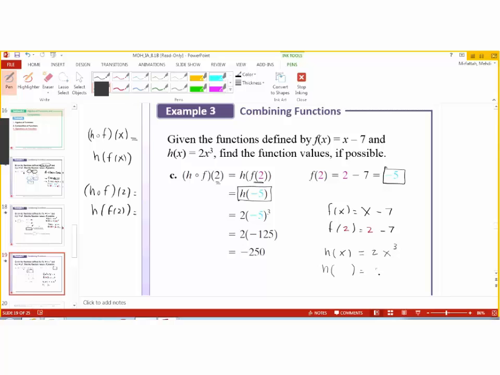So for h of minus 5, you substitute minus 5 for each x. Like that, right there. So that's why you get minus 250.